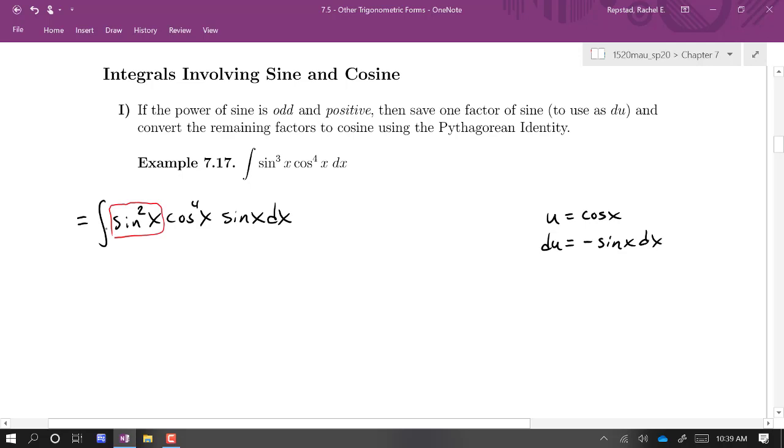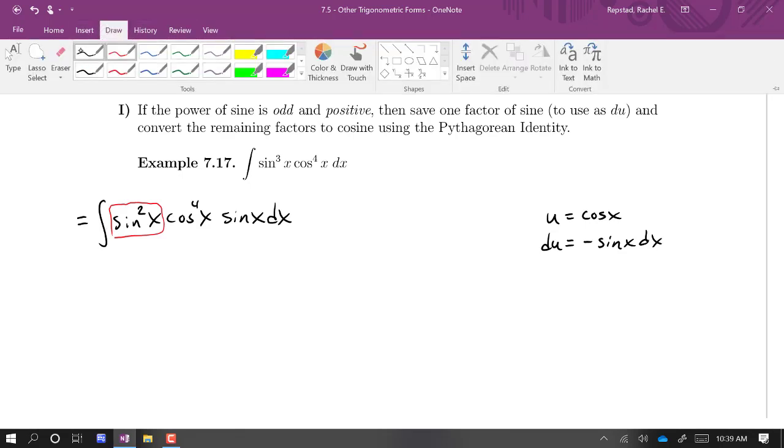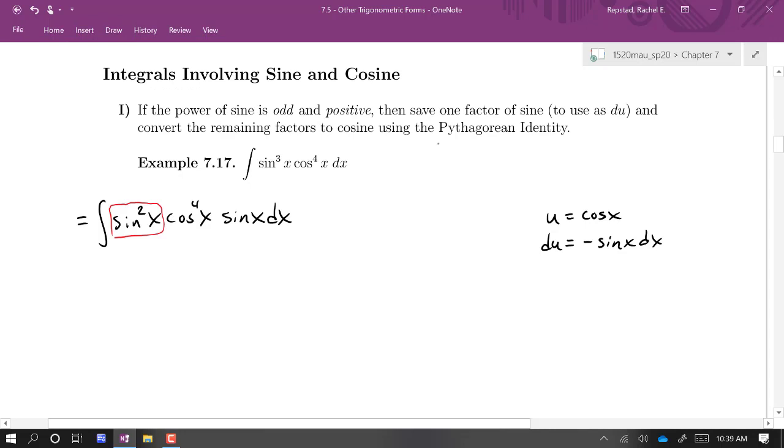There's no du squared, right? I got a du at the end, and I want the rest of the integral written in terms of u. So here's where we're going to use the Pythagorean identity. Pythagoras says sine squared x plus cosine squared x is equal to 1, and that means that sine squared x is equal to 1 minus cosine squared x.